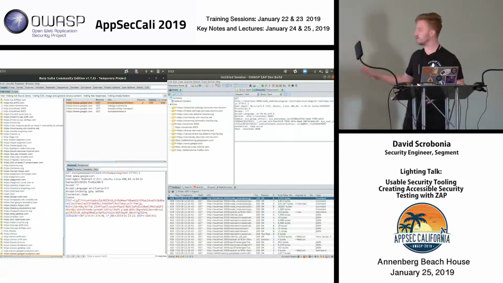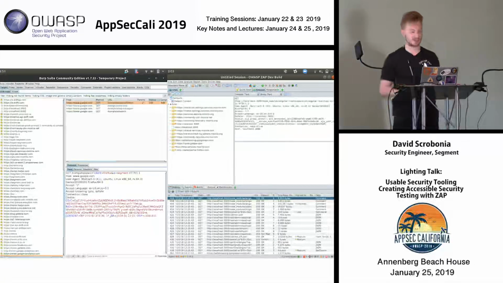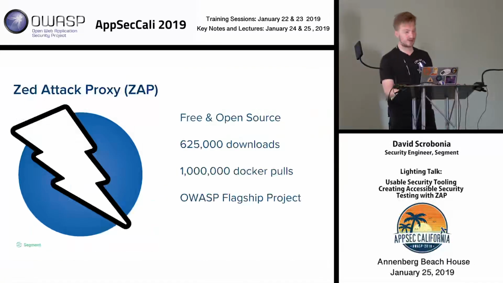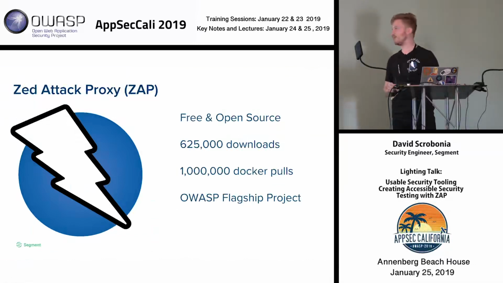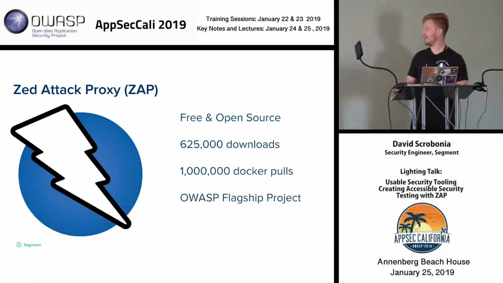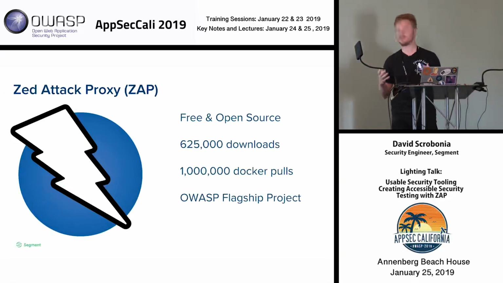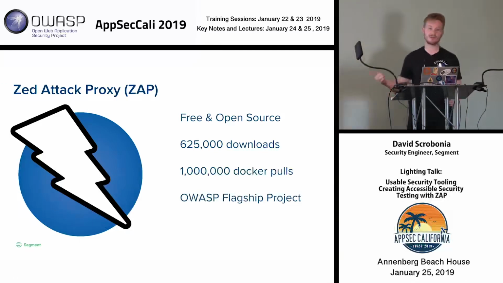You can run any functionality out of ZAP. So there are pros and cons to both. But one of the big benefits of ZAP is that it is free, which is a huge advantage. It's free and open source, with 600,000 downloads of ZAP itself and 1 million Docker pulls, which is pretty wild, and it's an OWASP flagship project.